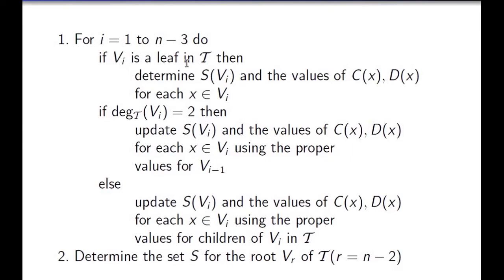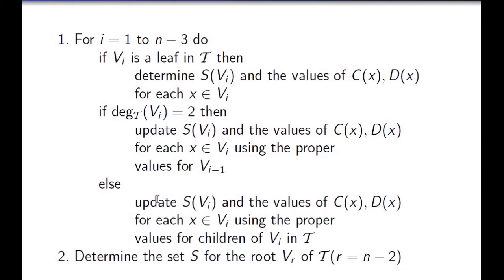If vertex vi is a leaf in tree T, then we must determine the partial geodetic set S of vi and the values C and D. These two values, C and D, are crucial for the algorithm, and I will talk about them on the next slides. If our vertex vi has only one child, then we update the partial geodetic set S of vi and values C and D using the proper values for vi minus 1, so for this one child.